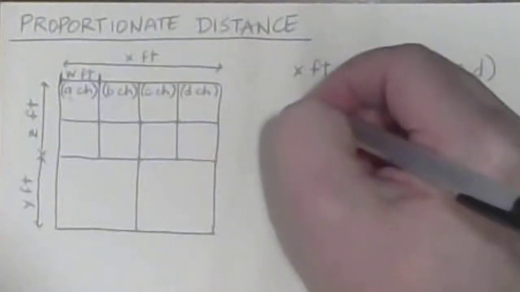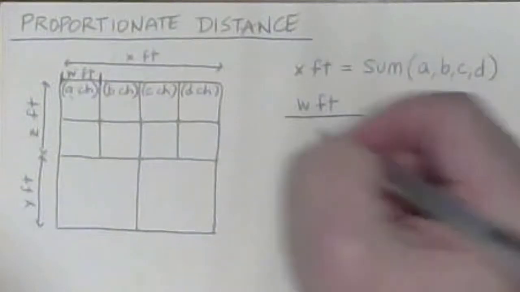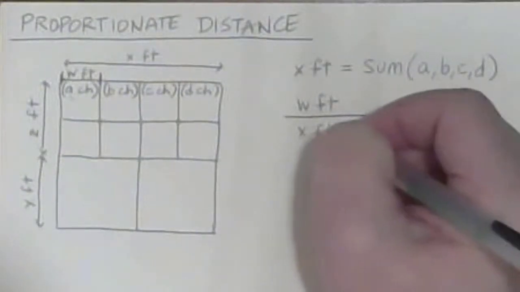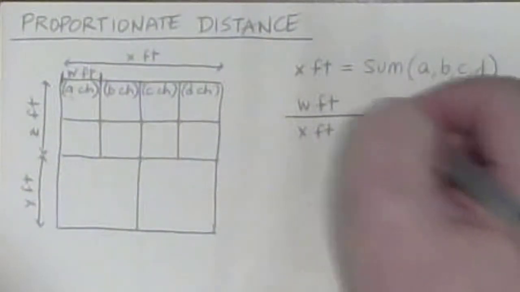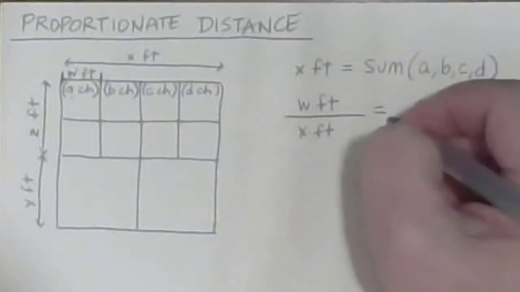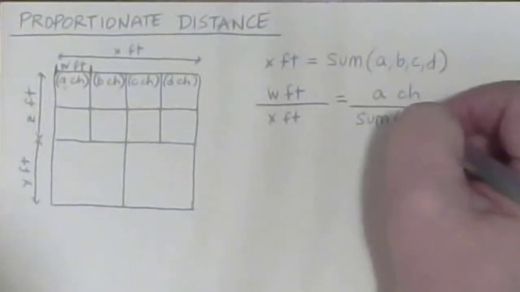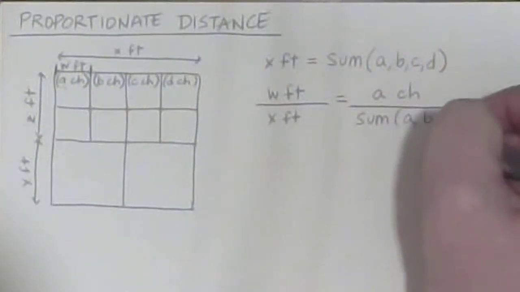And W feet as a proportion of x feet equals that A length divided by the sum of all of the chain lengths.